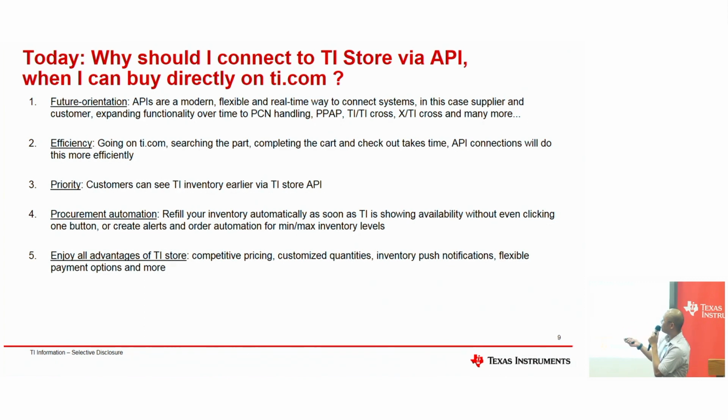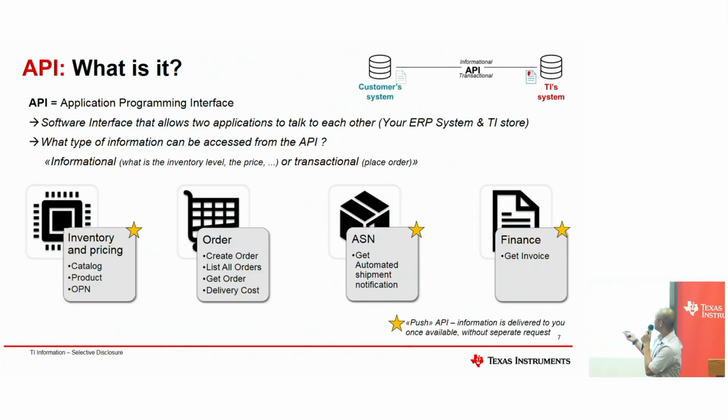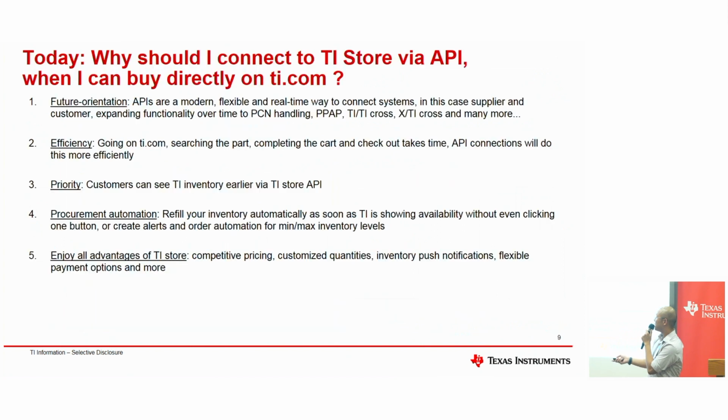With API, we'll be able to implement features like PCN handling, PPAP, TI to TI cross, and competitor to TI cross. It's also more efficient because, as you saw in the picture, it goes directly to a TI system, so you'll get real-time information. And our API customers will have priority.